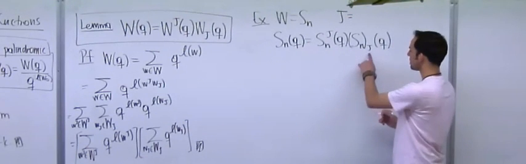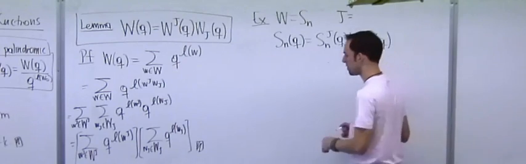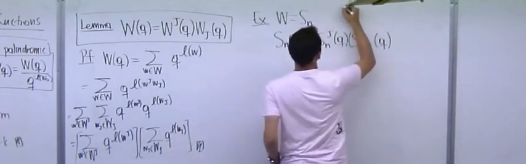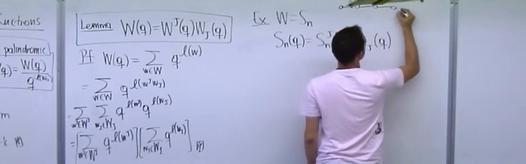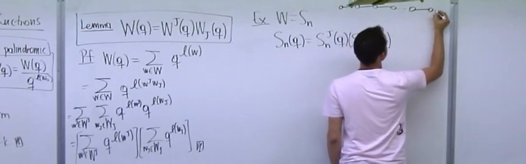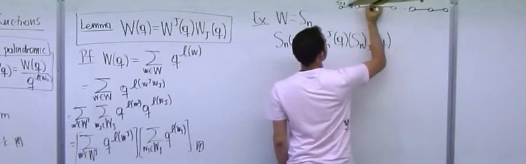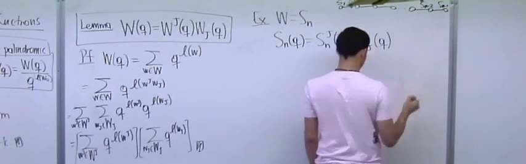And so you're going to see that a convenient choice of J is basically that we know that the Coxeter graph of this thing looks like this. Right? So this is S1, S2, up to Sn minus 2, Sn minus 1.